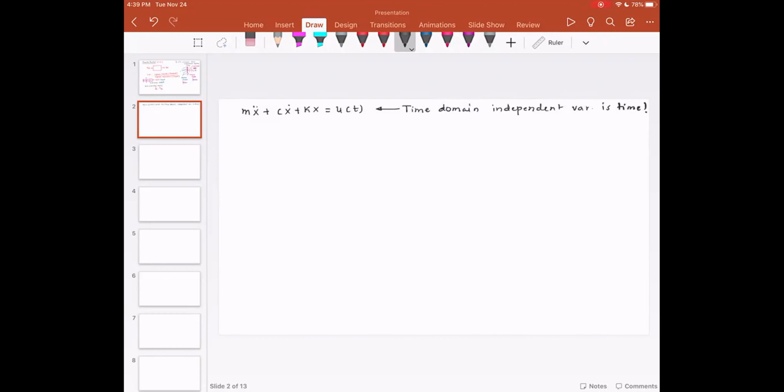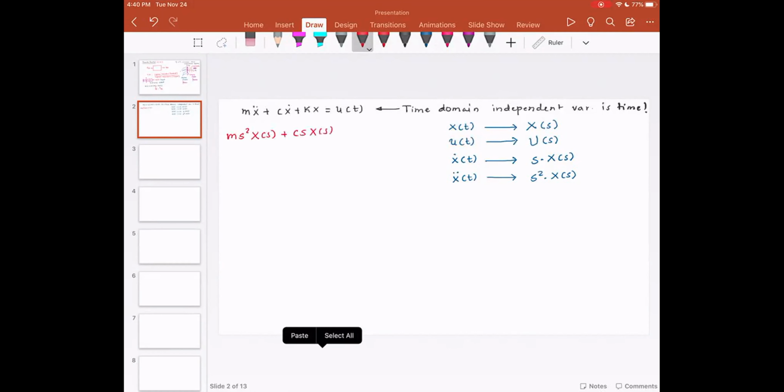Now I'm going to substitute these transformations in this equation. So this equation becomes ms square x of s plus cs x of s plus k x of s is equal to u of s. Now I want you to look at the transformation that took place. The derivative disappeared and was replaced by an algebraic equation.